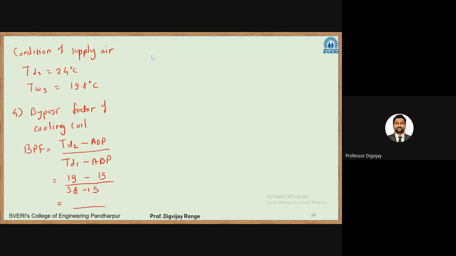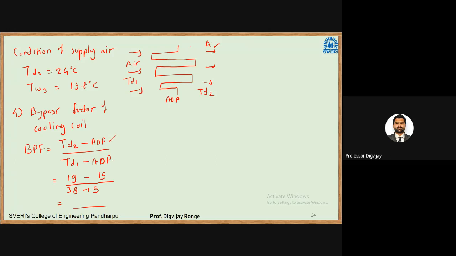Those who do not understand the bypass factor concept, I'll repeat once again. See here, I have a cooling coil. Air is entering, it will come in contact with the cooling coil, and it will get cooled. Air is leaving. So the entering air temperature, in our case, is TD1. The coil temperature is given, that is ADP, and the leaving air temperature is TD2. So the bypass factor formula is actual temperature drop divided by maximum temperature drop. Actual temperature drop will be TD2 minus ADP.